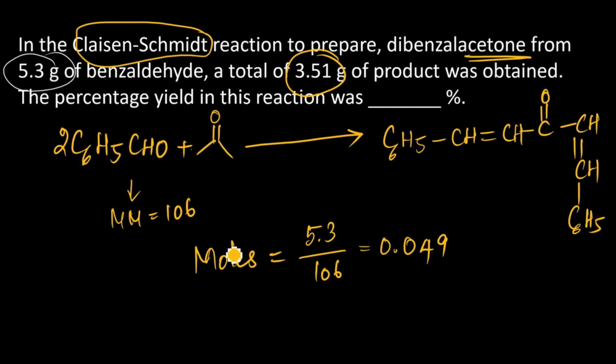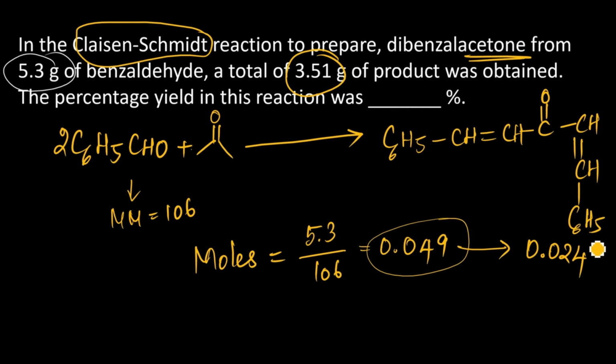So for 1 mole of benzaldehyde, half mole of product is formed, 2:1 ratio. So for 0.049 moles of benzaldehyde, half of that, 0.024 moles of product must be produced.